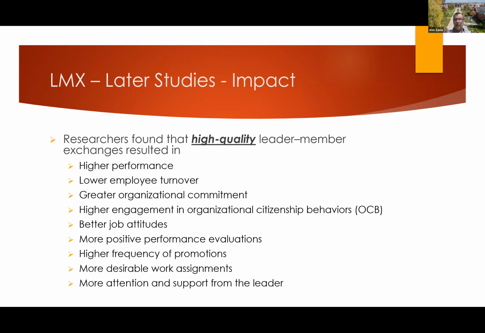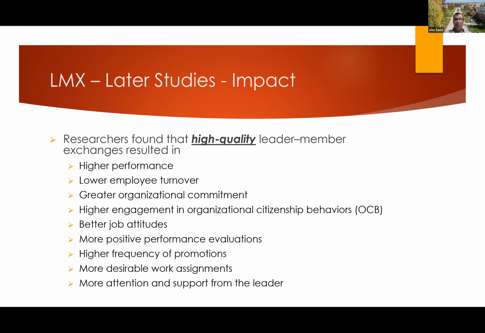In other words, when there was a high-quality relationship between leaders and followers, there were all kinds of positive outcomes. For example, there was higher task performance and lower employee turnover. In other words, employees tended to stay longer with their units. There was higher organizational commitment, and greater engagement and involvement in organizational citizenship behavior.